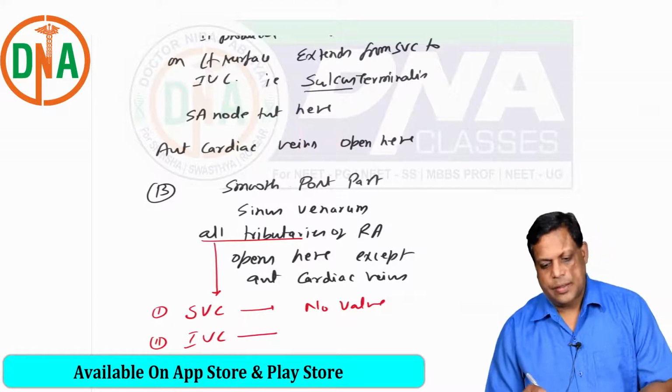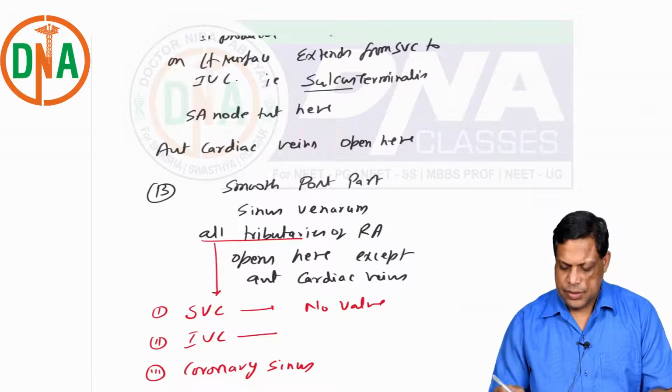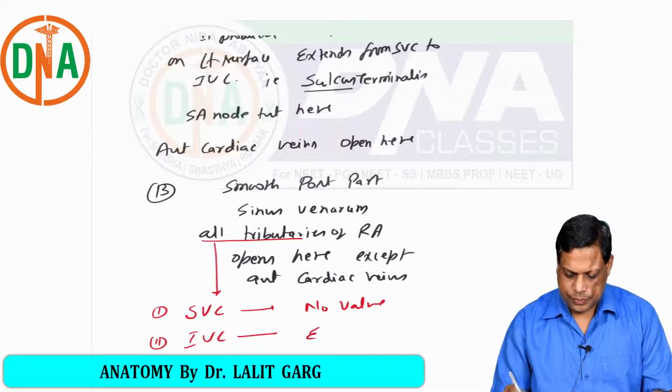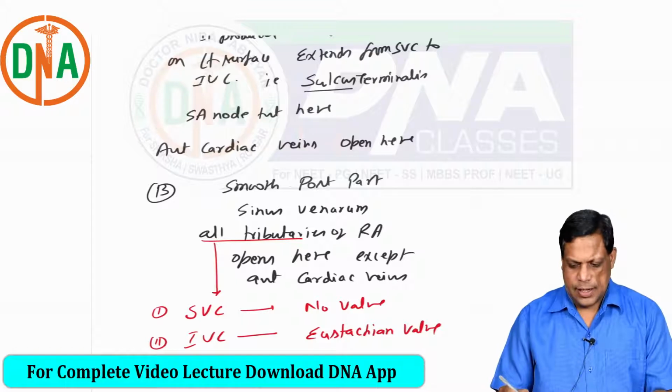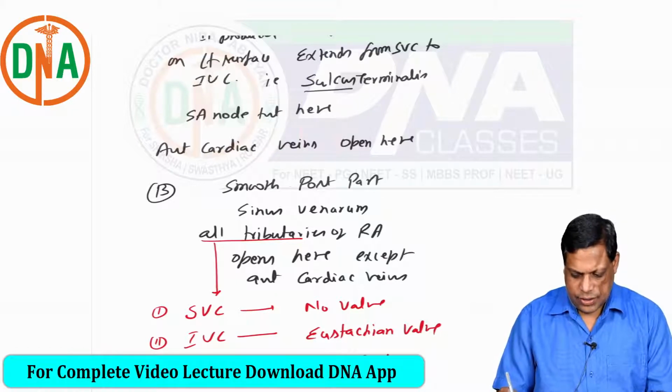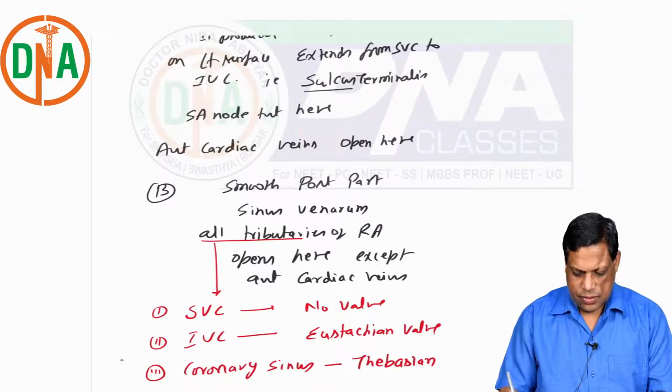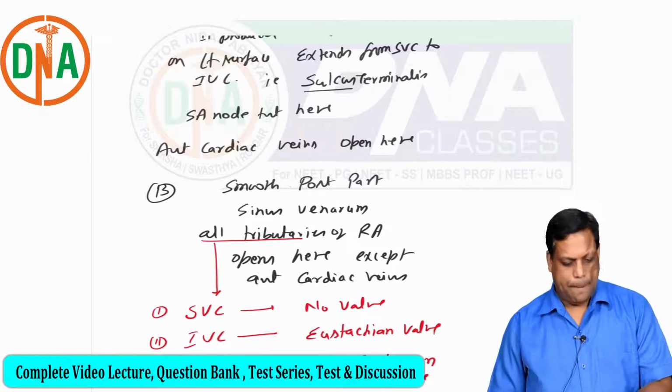Inferior vena cava opening in the right atrium is guarded by a valve known as the Eustachian valve. Coronary sinus is guarded by a valve known as the Thebesian valve.